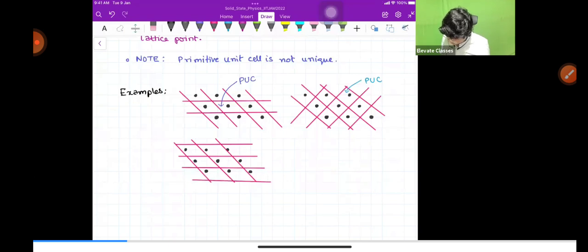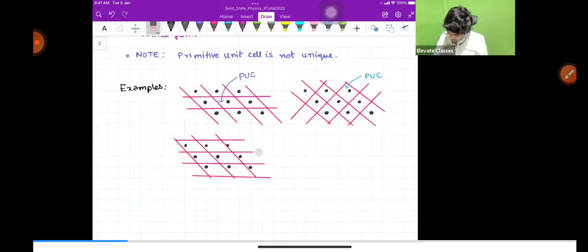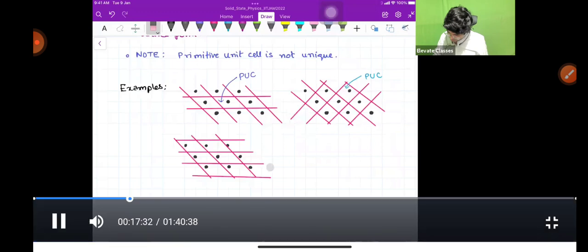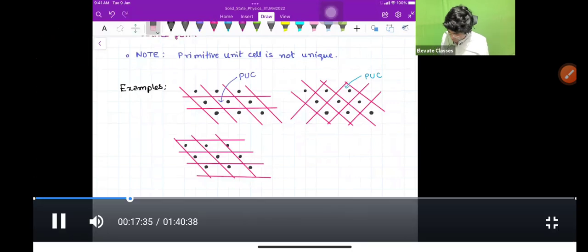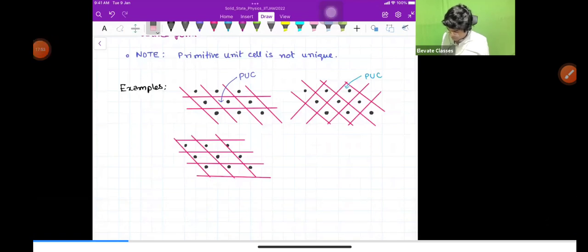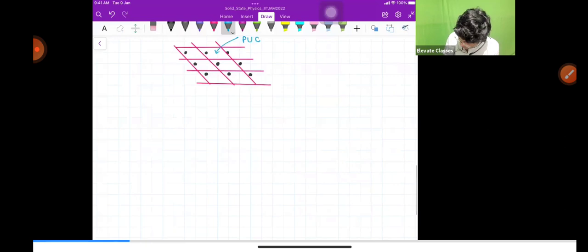It could be anywhere within the cell or maybe on the boundaries. But whatever points you have should add up to 1. All right. So this is another structure which we can have. So this is also a PUC. The reason is only a single lattice point. That's it. Okay, I'll give you a small example to work out.